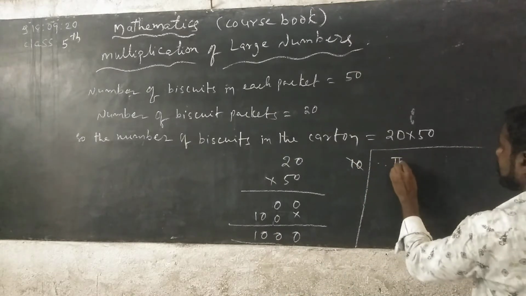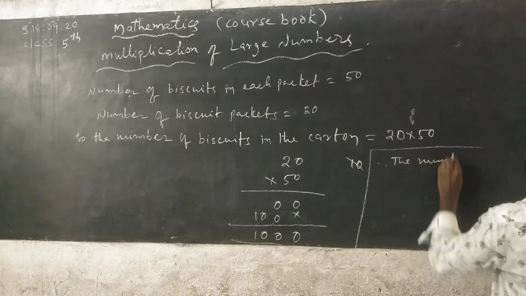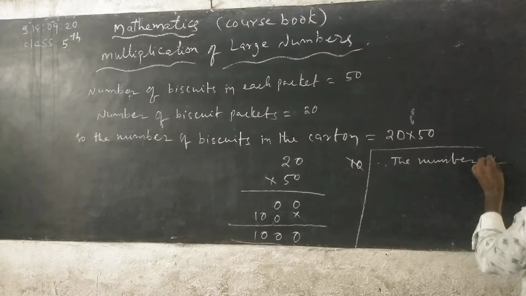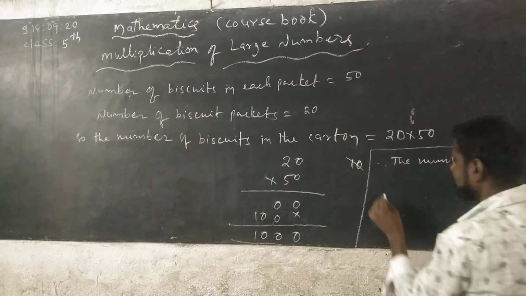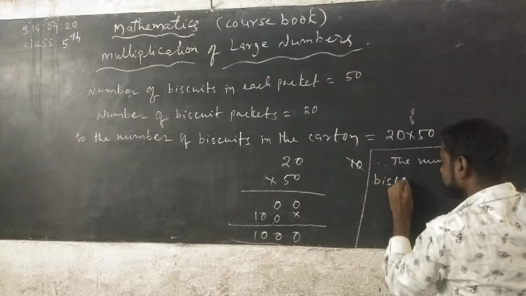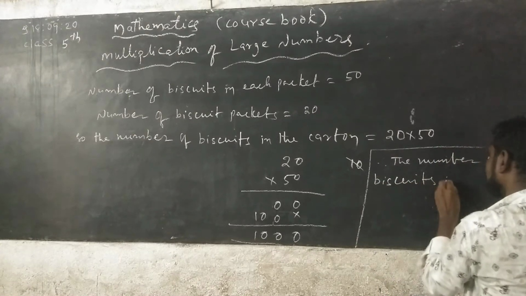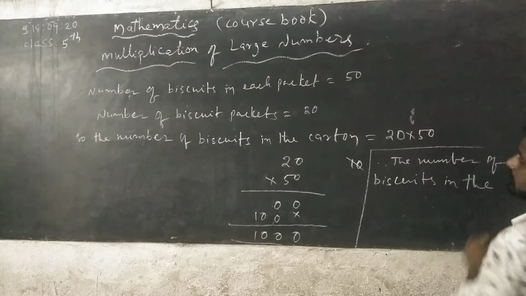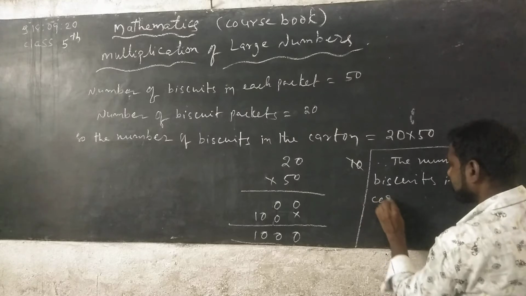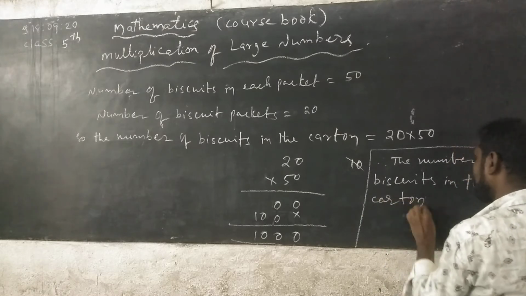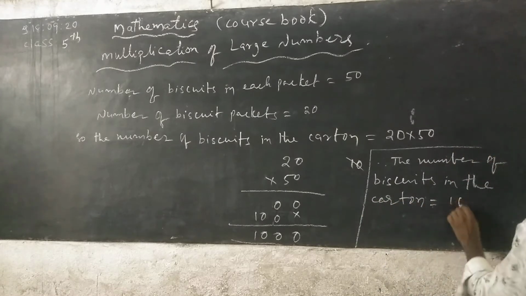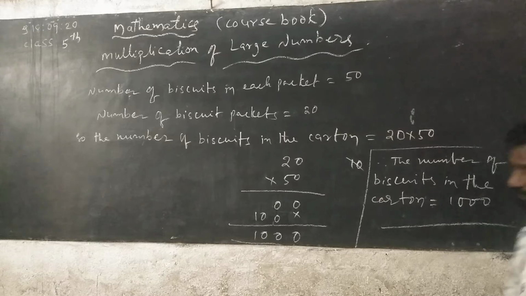Therefore the number of biscuits in the carton is equal to 1000.